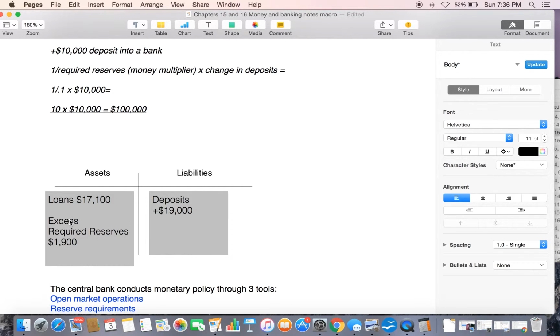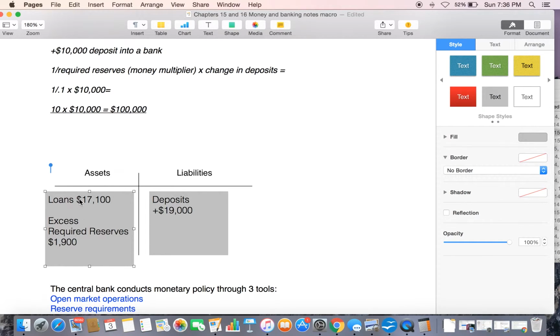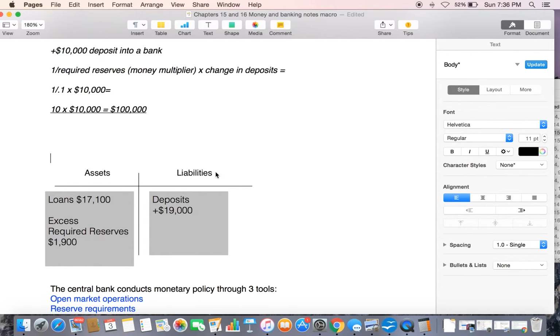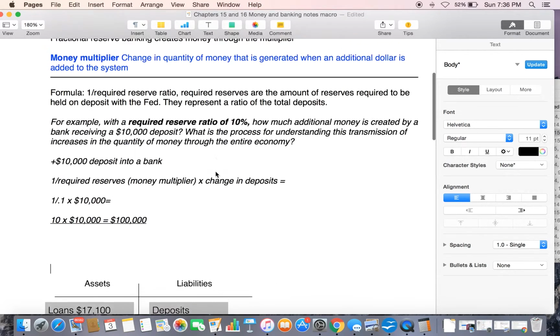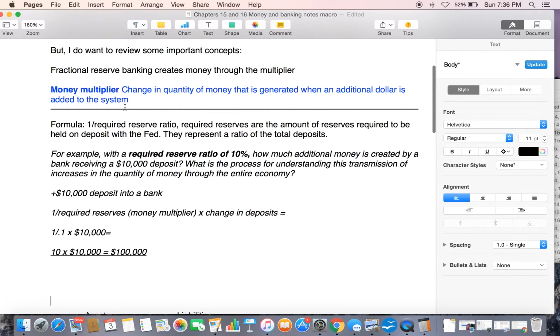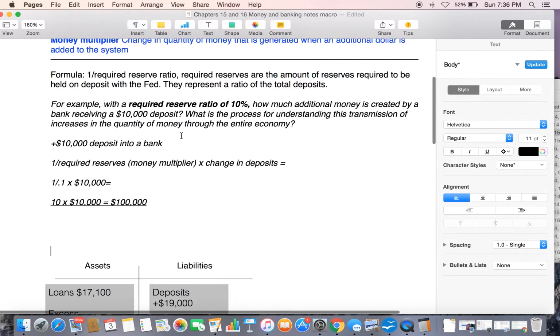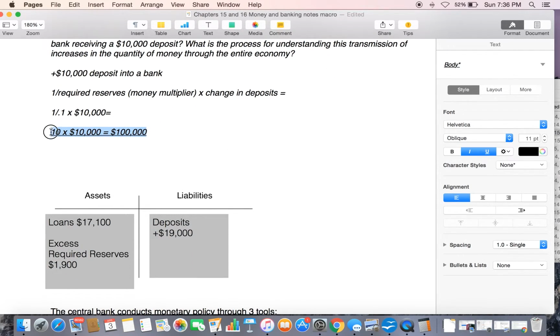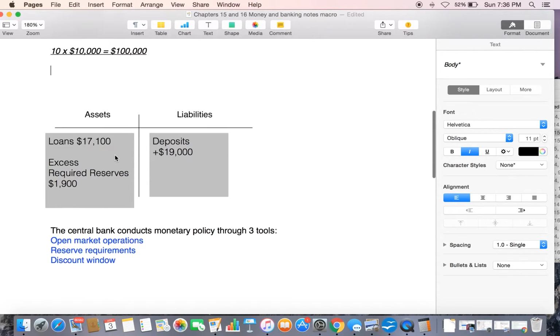And then how does that affect the excess or required reserves, and then what happens with lending because of that? So this helps us better our understanding of the fractional reserve system and the creation of money because of the fractional reserve system.